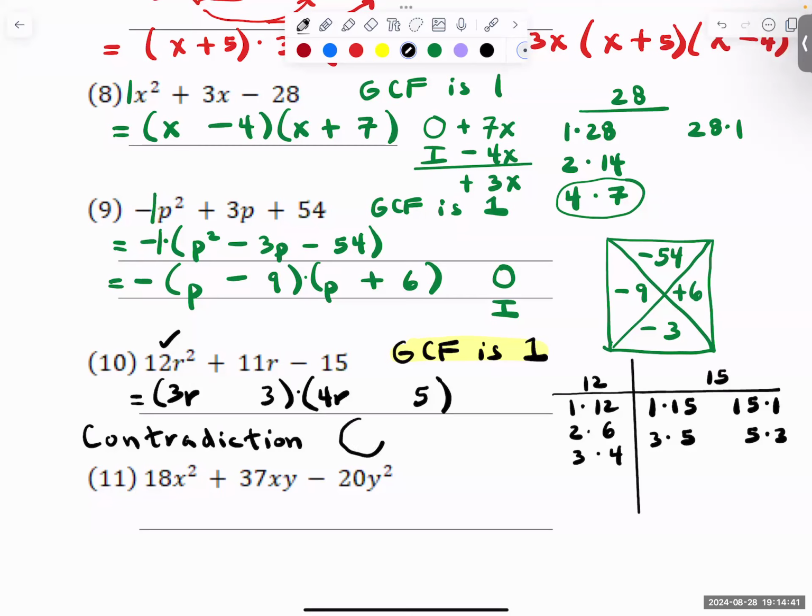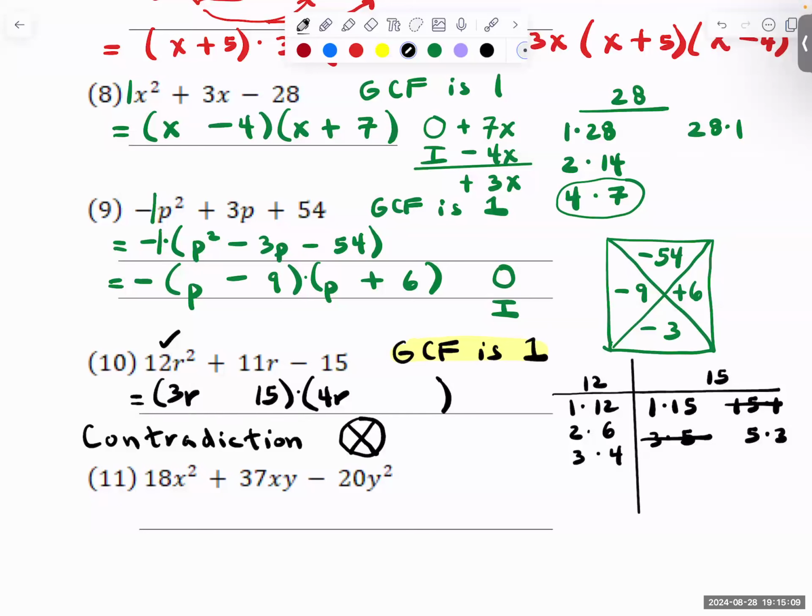The symbol for contradiction is a circle with an inscribed X. So that can't be. Therefore, we're going to strike out 3 times 5. And for that matter, we have to strike out 15 times 1 because we can't pair 15 with 3r, because then it would be a common factor of 3. So let's strike 15 and 1.